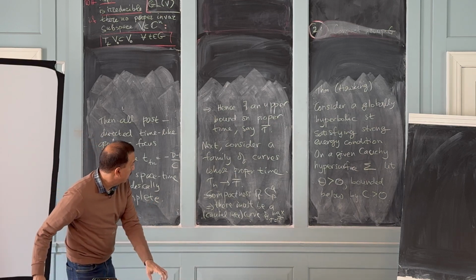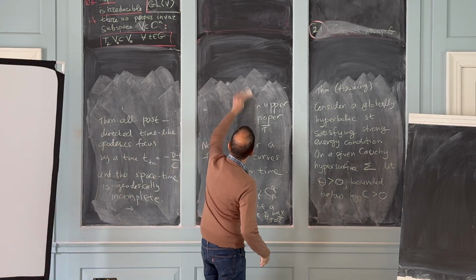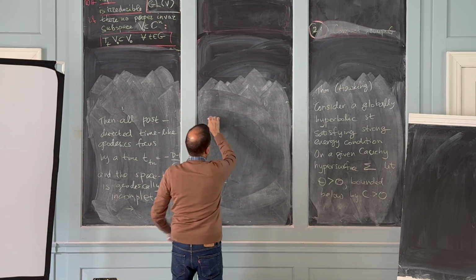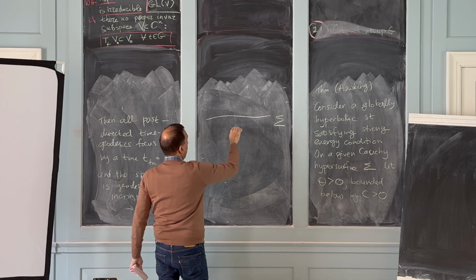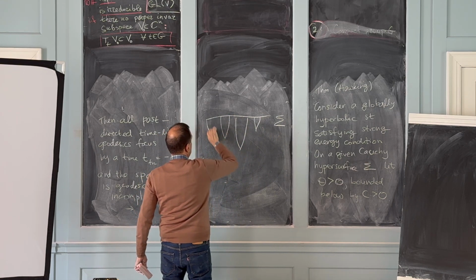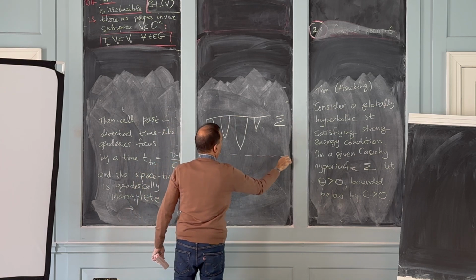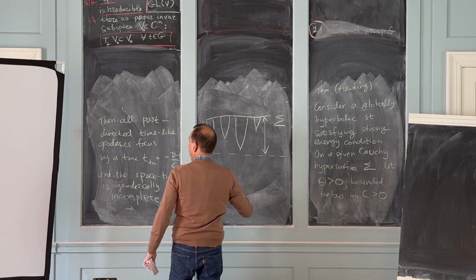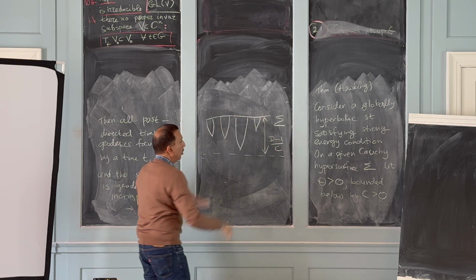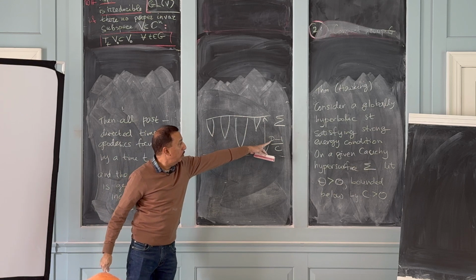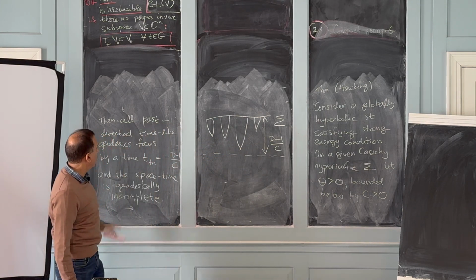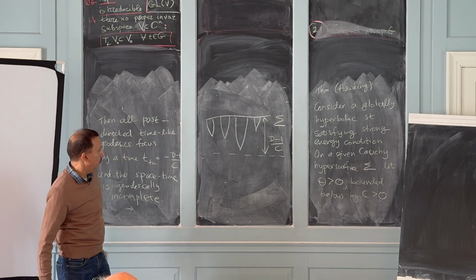In pictures, here's my Cauchy surface sigma. My geodesics, as per Raychaudhuri's equation and as per the diagram I drew earlier, are all focusing in a time that is in magnitude less than or equal to the d minus 1 over this constant. This constant is the minimum theta 0 on that surface.